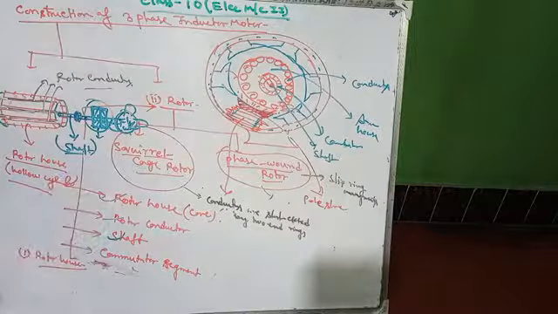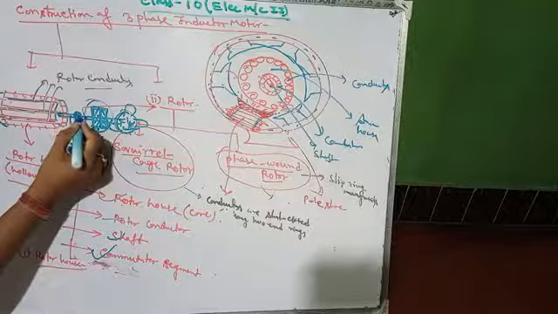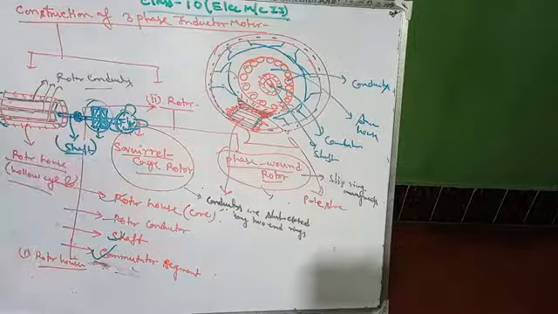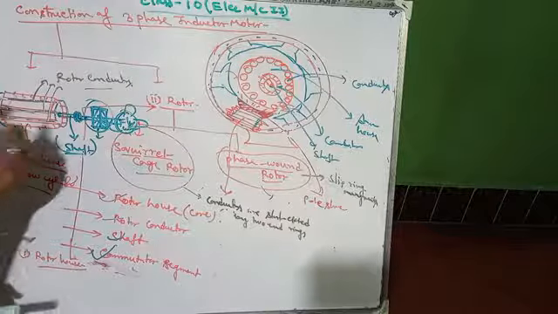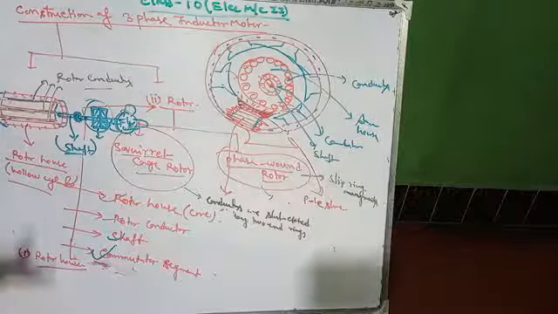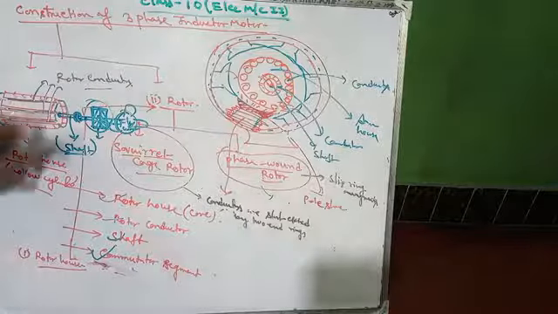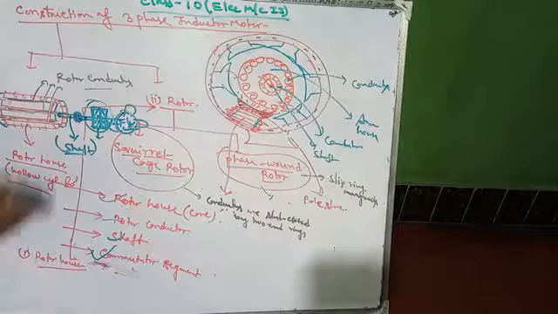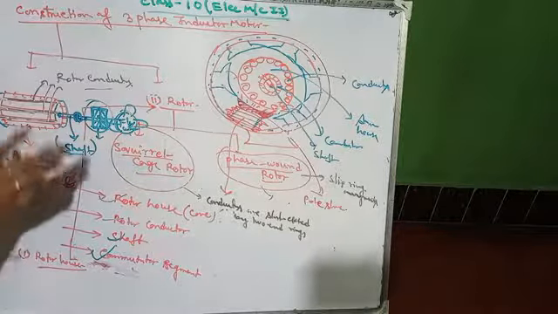Okay. So and commutator segment, this commutator segment actually is used in generator to collect the current coming from the armature. Okay, or to give the current to the armature. So this commutator segment is not important for your motor purpose. It is only applicable for generating purpose, but here I am making it general.